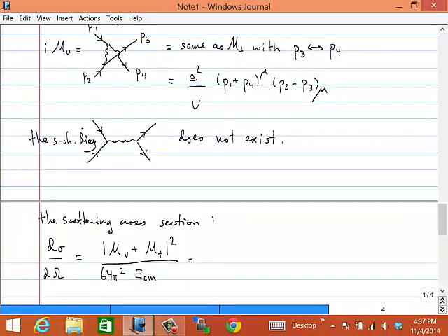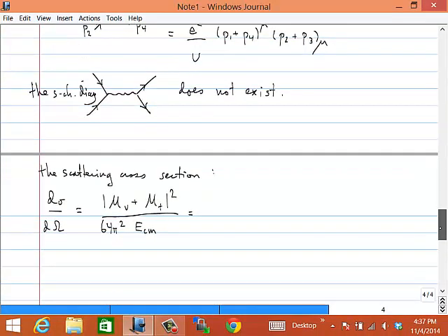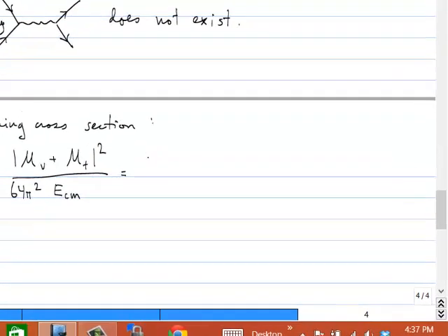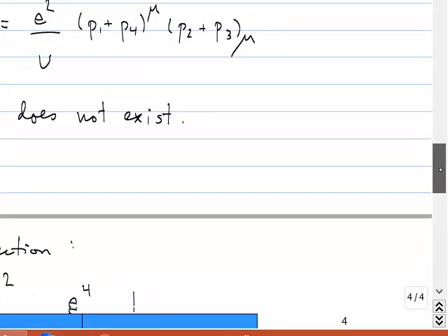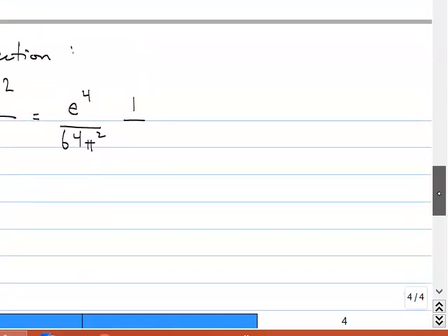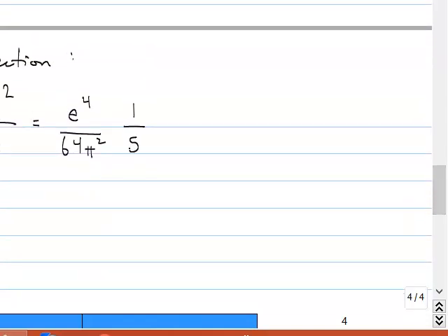So the first thing to notice is that this goes like e to the fourth. Okay. So that's e to the fourth divided by some numerical constant, which is 64 pi squared. The center of mass energy, what is the center of mass energy? That's (P1 plus P2) squared, which is what we called the Mandelstam variable s.